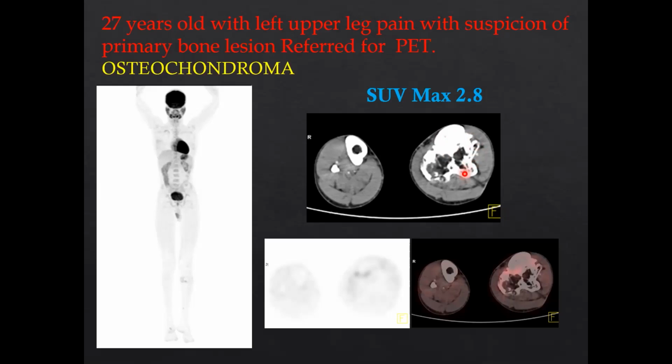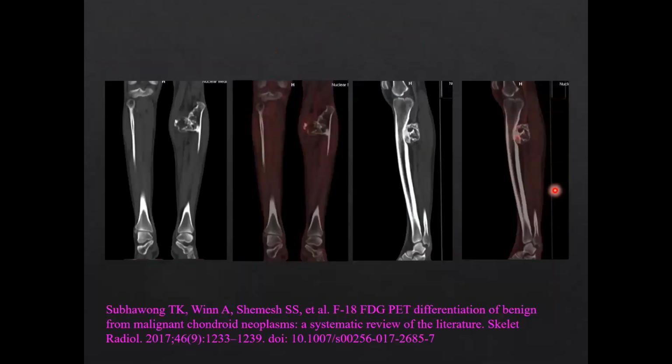The rest of the bones are absolutely normal, no significant uptake except minimal, which is having roughly the value of 2.8. So, it is consistent with the benign lesion entity. Same lesion in the coronal planes here, see it is lobulated, so minimal uptake, minimal uptake. It is a bony lesion, rest of the bones and soft tissues are perfectly normal.